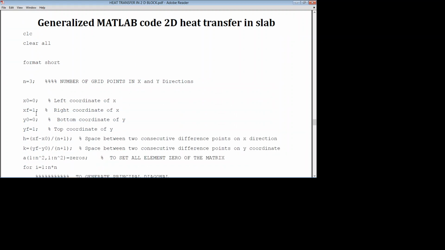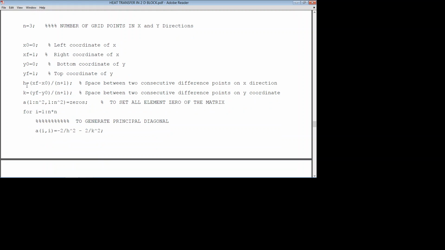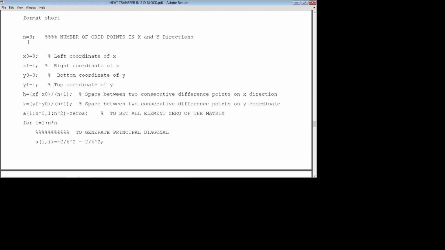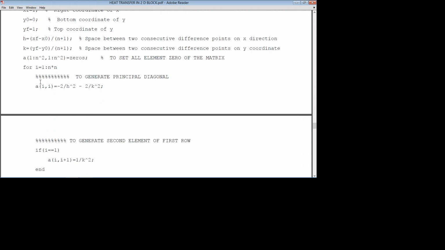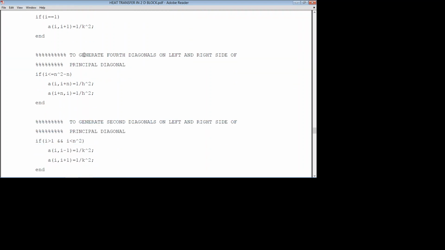So this is the MATLAB program for that. A 1 by 1 slab, so 1 meter in x, 1 meter in y. Here the number of grid points we have taken, n is 3 on both sides, so it is a square matrix. Now here we have generated the principal diagonal matrix, then the left and right sides of the principal diagonal by this one.